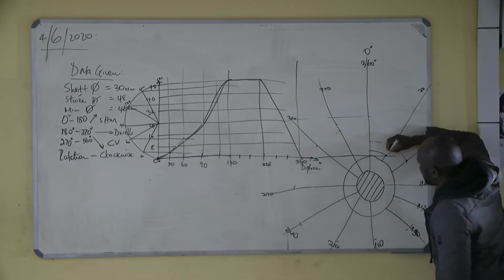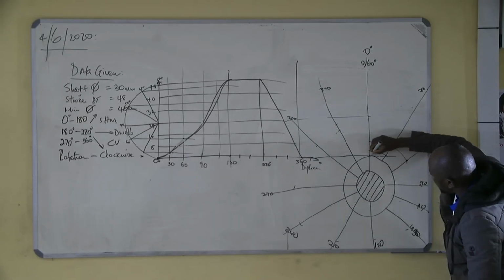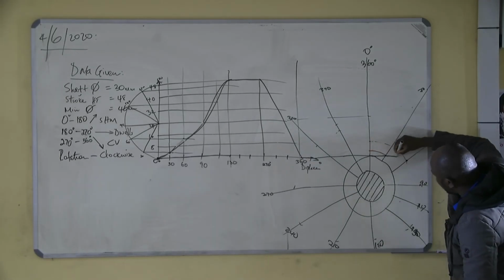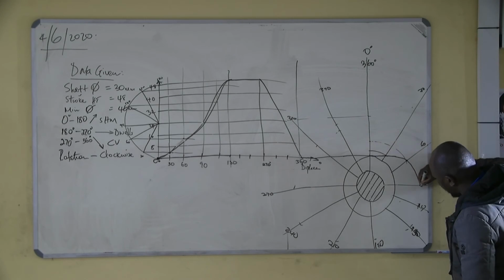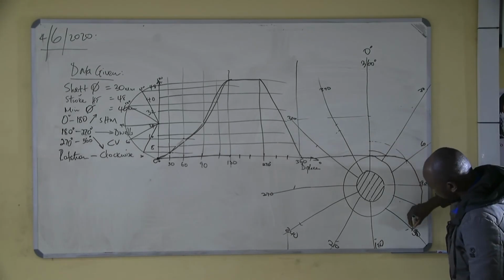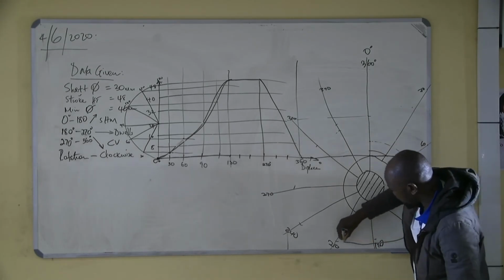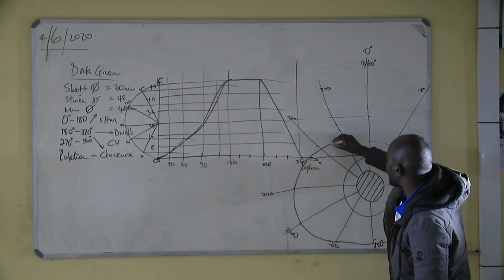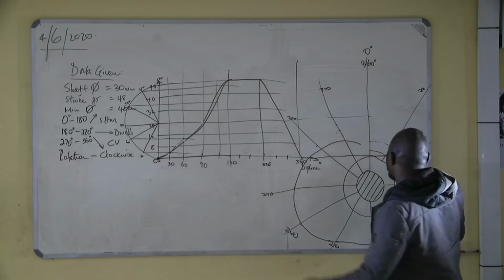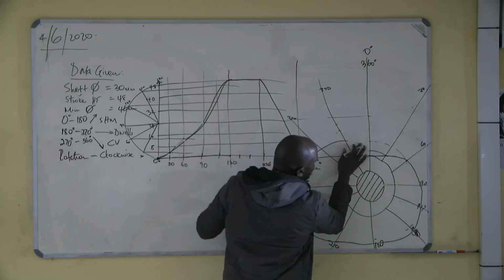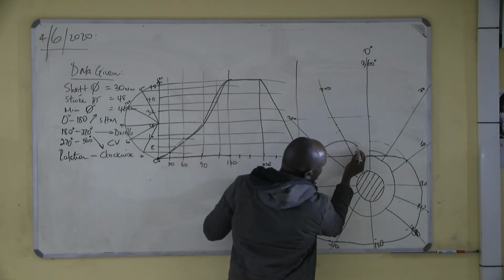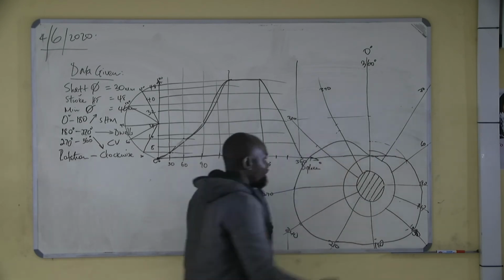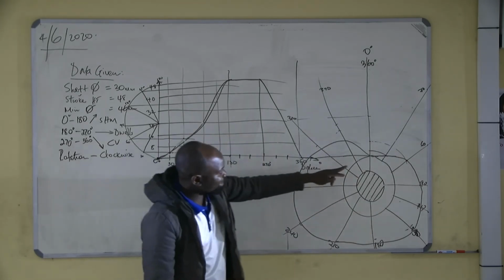Mark all your points as they come, and then you join those points with a small curve. You join those points that you have marked with a smooth curve.